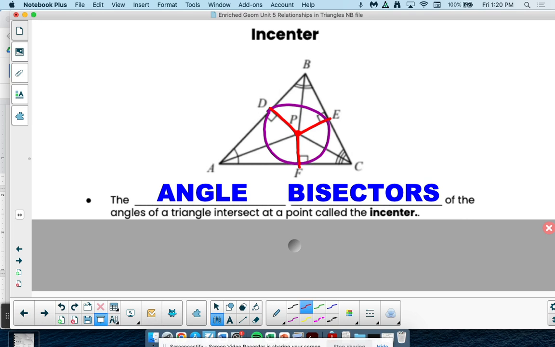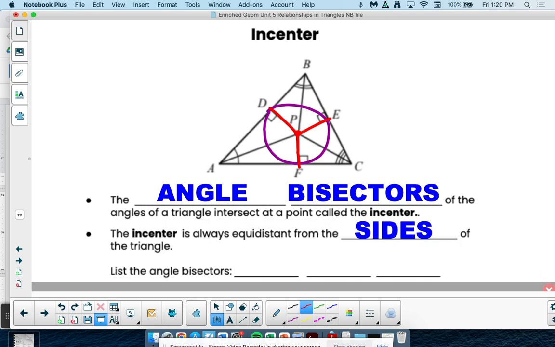From the center of the circle. So close, that's all the way across. Radius. Yes. So because of that, all of those little segments are equal, because your incenter is the same distance away from all the sides of your triangle. They're all little radii.